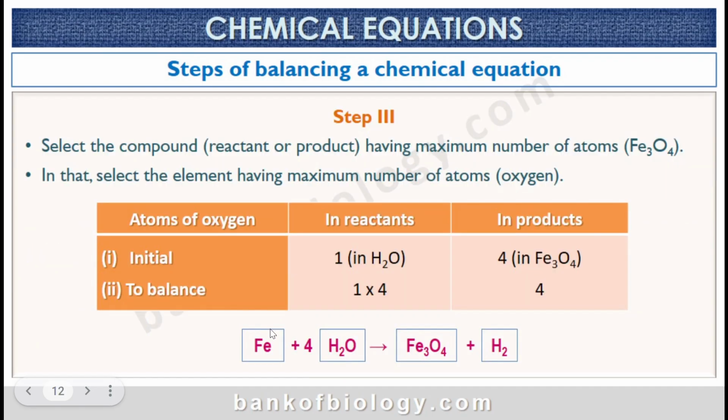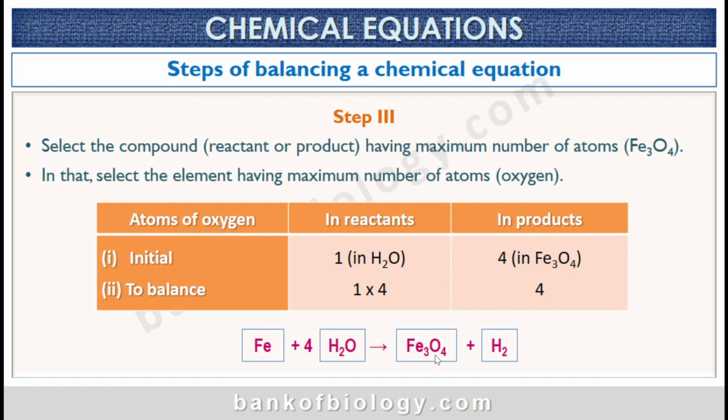The next step is step 3. First, select the compound having the maximum number of atoms. Here Fe3O4 has the maximum number of atoms, because the other product has only one type of atom. This contains 2 different types of atom, Fe and O. Then select the element having the maximum number of atoms in this compound: Fe is 3 and oxygen is 4.